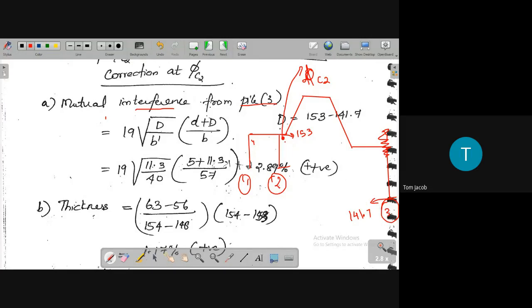Actually, you have to consider the bottom of the interfering file to the top of the considered file. That is the level difference between the top of the file that you are considering, that is this point to this point. So the level difference will be this much. This is our capital D value.